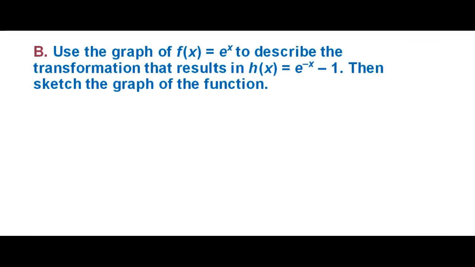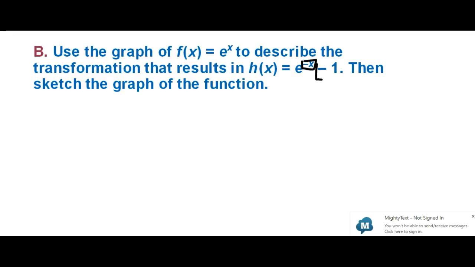Now looking at this next function, again, we have e to the x being transformed into h of x, which in this case is e to the negative x minus 1. And now notice we have two things going on here. We have the negative being applied to the x, which is essentially inside the function.